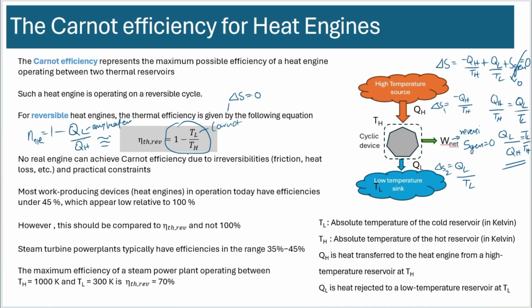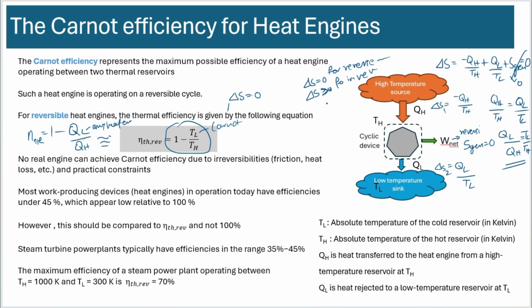The other thing to note here, maybe I haven't mentioned this in the last class: delta S equals 0 for reversible or isentropic processes. Delta S is greater than 0 for irreversible processes.